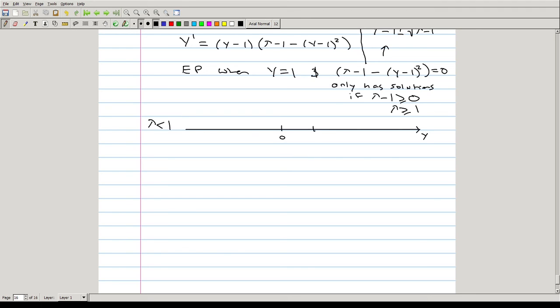So we have one critical value at y equals 1. And if you take y less than 1, this function is going to be positive. And if you take y greater than 1, the function f is going to be negative. So this is what the phase line looks like for lambda negative.